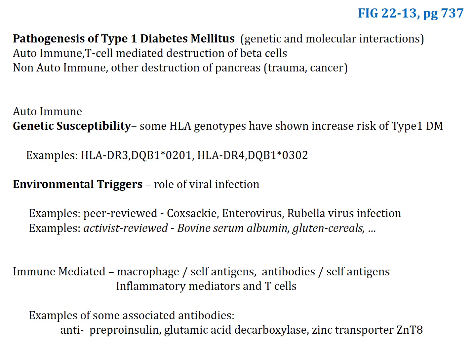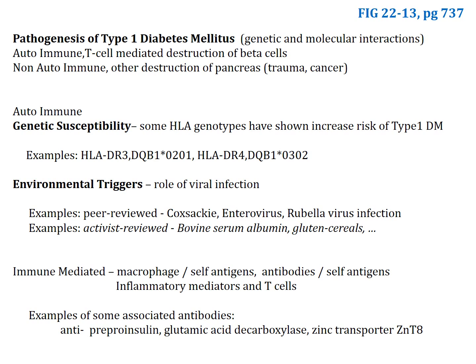There are other ways that we can destroy the pancreas: trauma, cancer, right? If we totally destroy our pancreas from another mechanism, that will lead to type 1 diabetes, but most people who have type 1 diabetes have it due to an autoimmune reaction where T cells are destroying the islet cells.